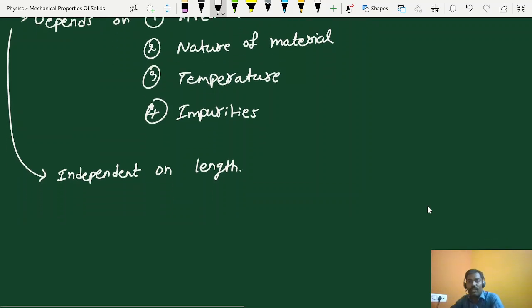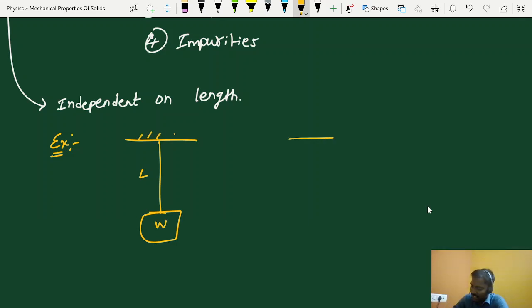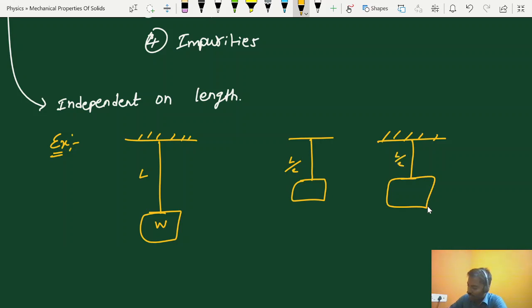They may give you a question like, for example, a wire of length L can withstand a load of W. Now, if the wire is divided into two equal halves, they may ask what is the maximum load that can be withstood by individual wires.